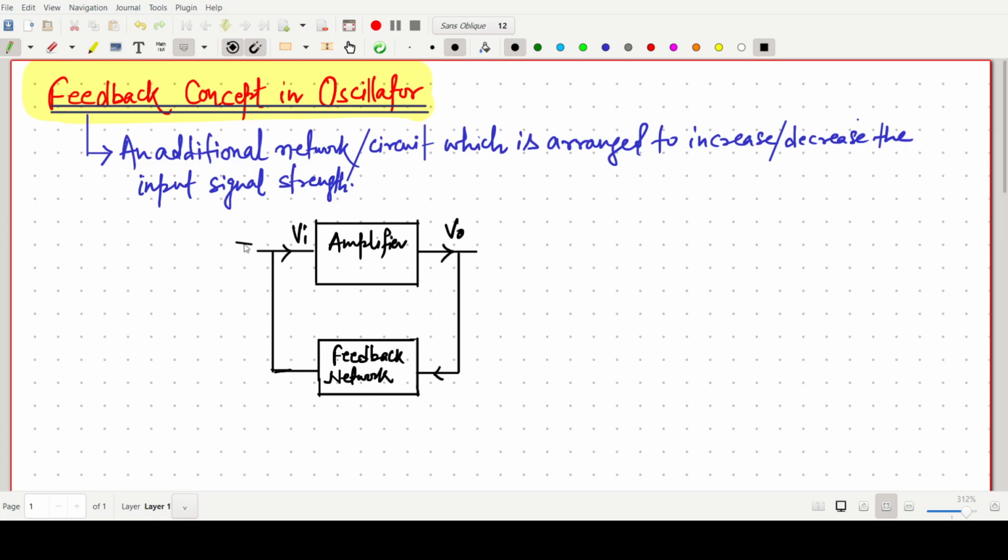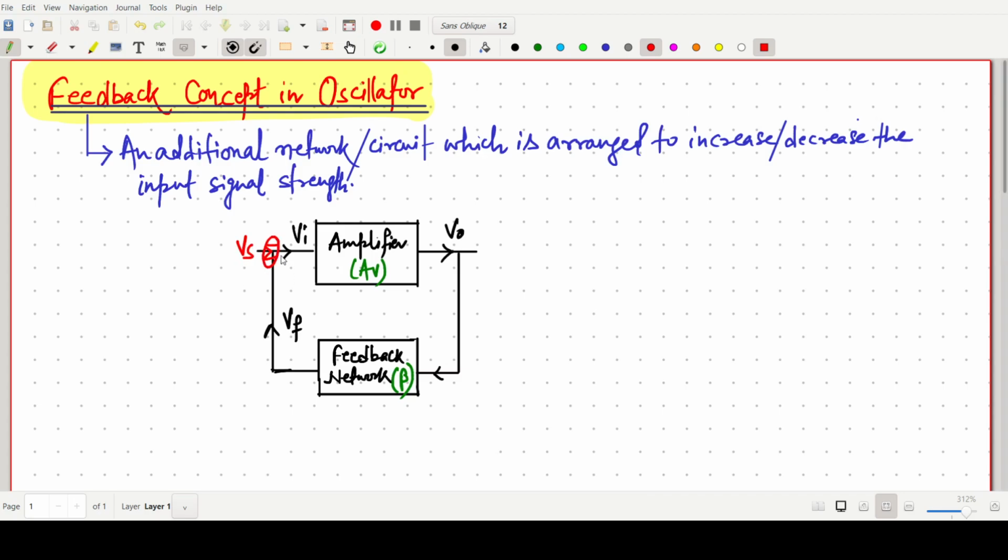For the time being, I am saying this one is some input voltage. So the output voltage of the feedback is Vf, and this feedback network has some gain, say beta, and the amplifier has some gain Av.